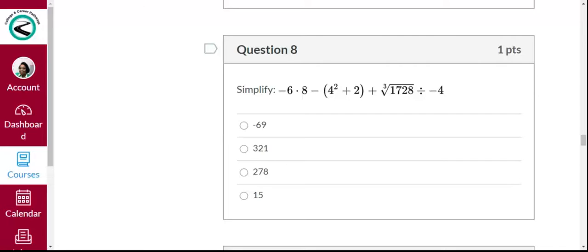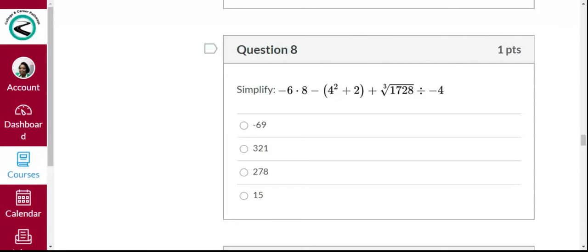Now the next step I have to do is any multiplication or division that is going to be done in order from left to right. So the first one I see is the -6 times 8. So that's -48 minus 18 plus, then I've got 12 divided by 4, and that's 3.